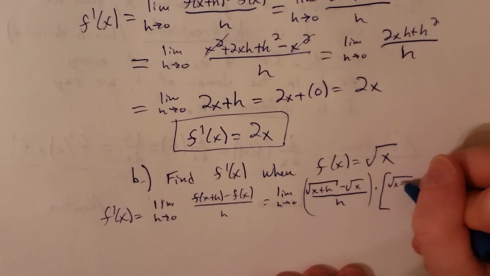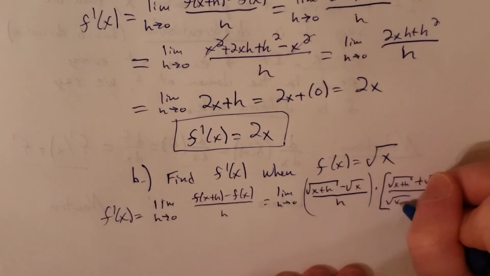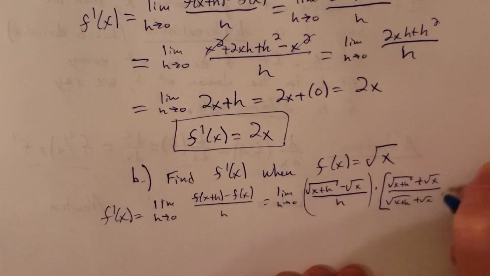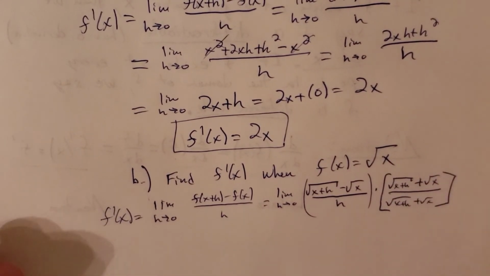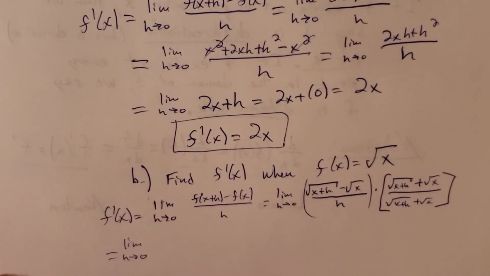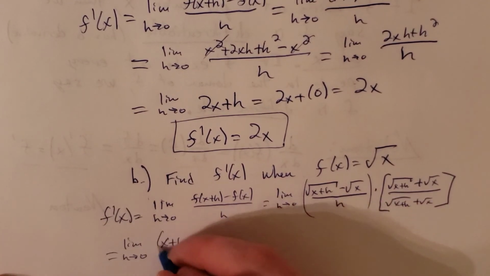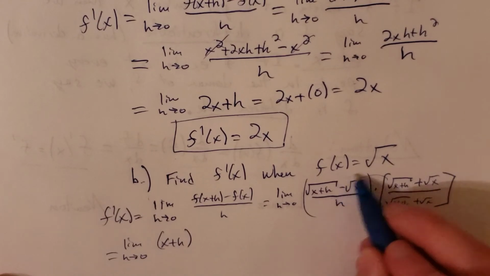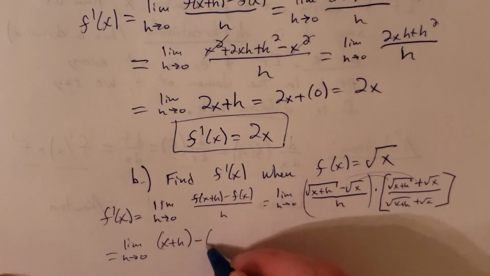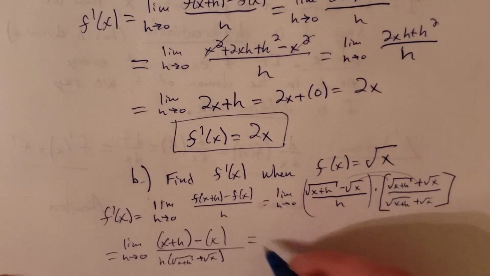So we take the square root of x plus h plus root x all over root x plus h plus root x. And this is equal to the limit as h goes to 0 of, all right, so we get x plus h. The middle terms cancel, so then minus x all over h times root x plus h plus root x.